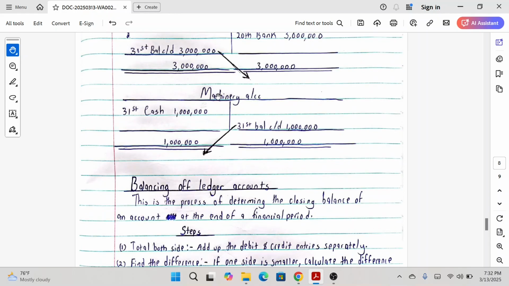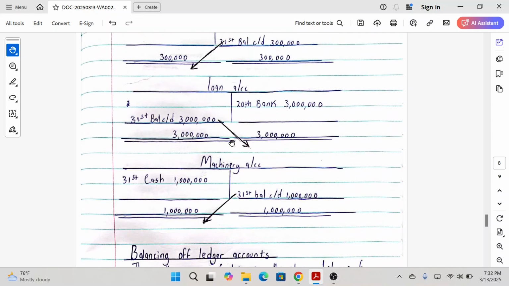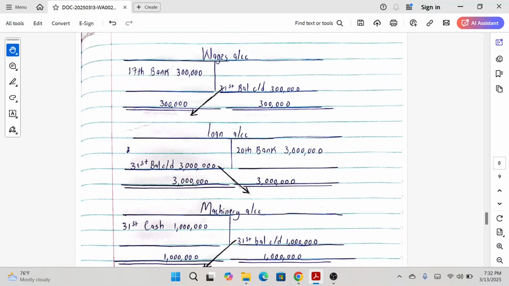So for machinery, since it's an asset, it will have a normal debit balance. So this is transferred on the opposite side so that it gets to have a normal debit balance. Loan is going to have a normal credit balance. So this figure of 3 million is what is going to be posted on the trial balance but on the credit side, and for machinery it's going to be the 1 million that's going to be posted on the debit side of the trial balance.